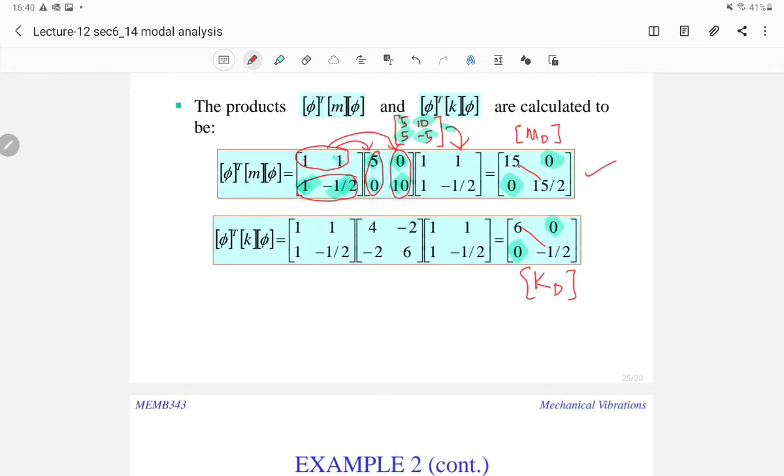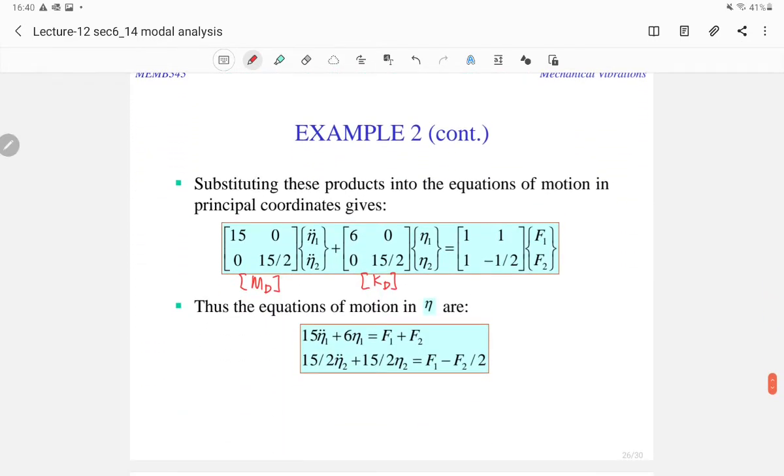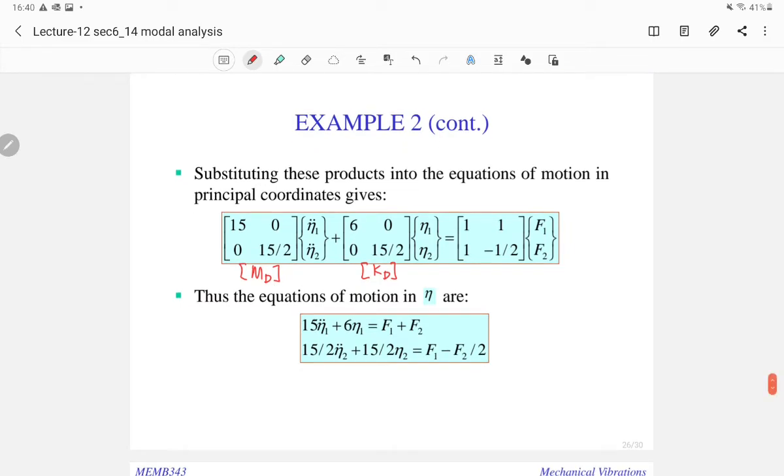So once you have the MD and KD, you can see that this is how we put the equations. Now you have the MD and KD, so this will collapse into a single equation with only one variable, eta 1, and same as the second one. There's only eta 1 in the first equation, and in the second equation you only have eta 2.